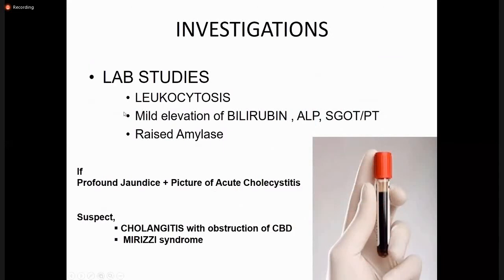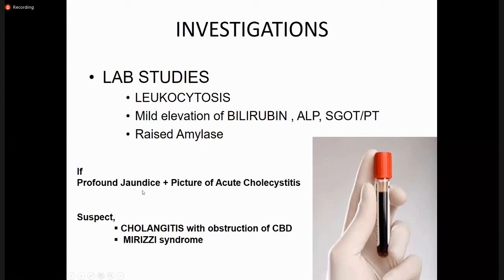What are the investigations required? So in the lab, you will find a raised leukocyte count. There might be mild elevation of bilirubin, alkaline phosphatase and SGPT, even PT greater than 1.5 may be there, and mildly raised amylase. So if there is profound jaundice and the picture of acute cholecystitis is there, then you should suspect either cholangitis with obstruction of the common bile duct or Mirizzi syndrome.